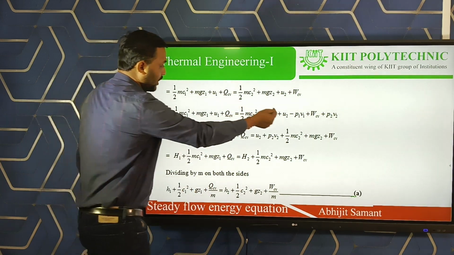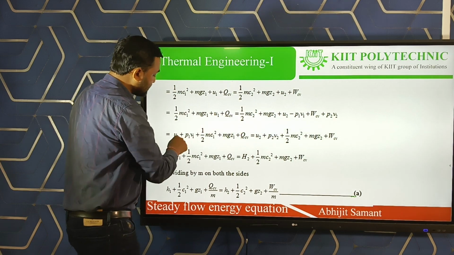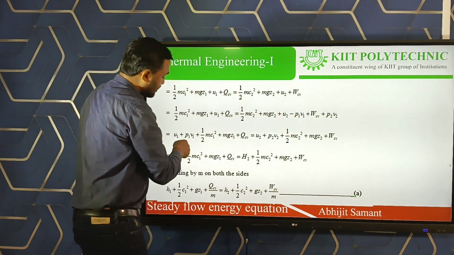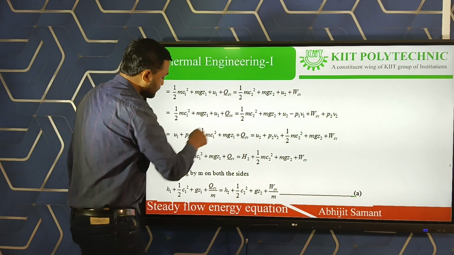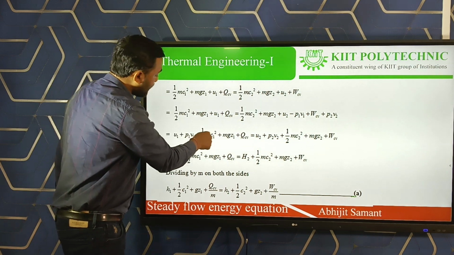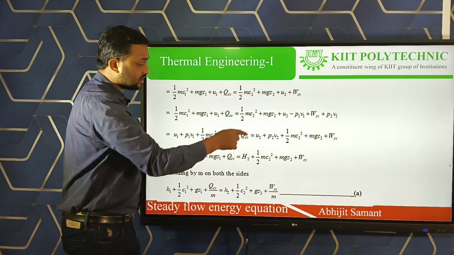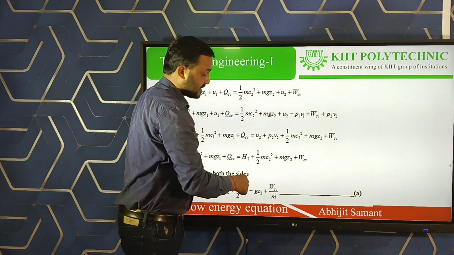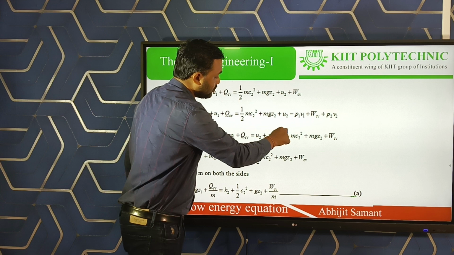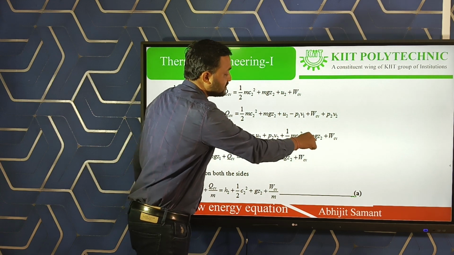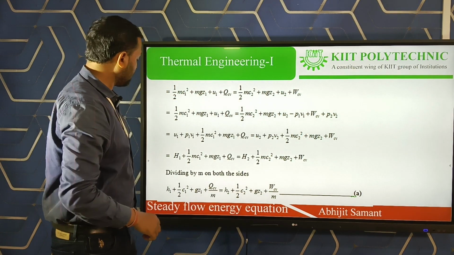So U1 is here, and P1 V1 comes to the left side, so U1 plus P1 V1 plus half m C1 square plus mg Z1 plus QCV is equal to the terms on the right side, U2 plus P2 V2 plus half m C2 square plus mg Z2 plus WCV.